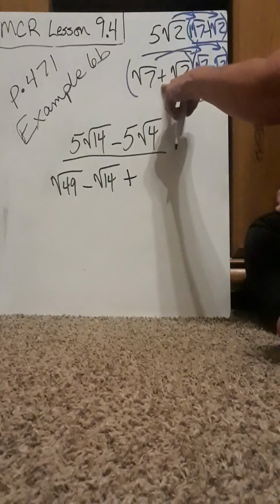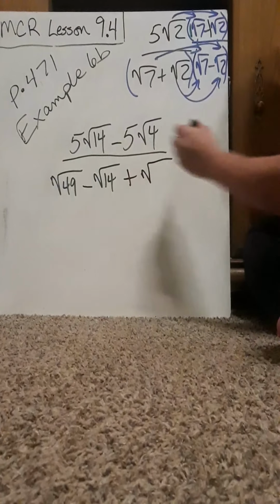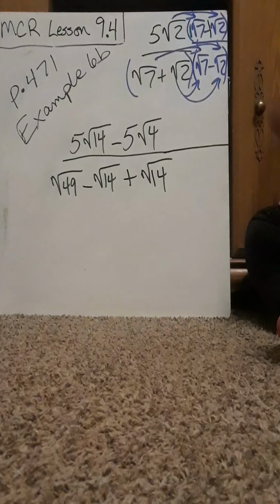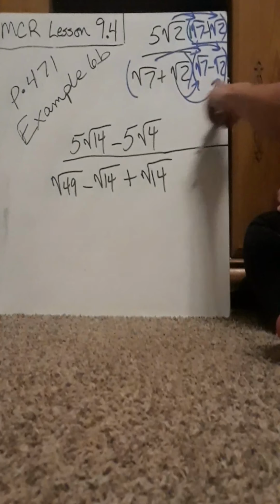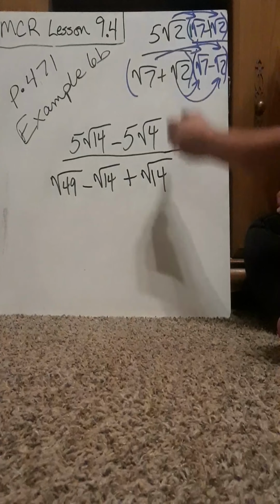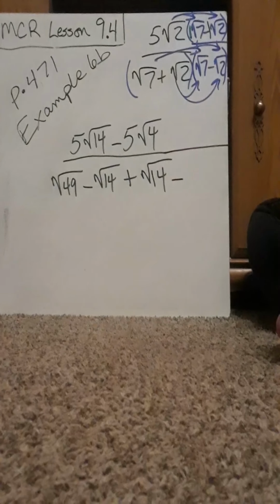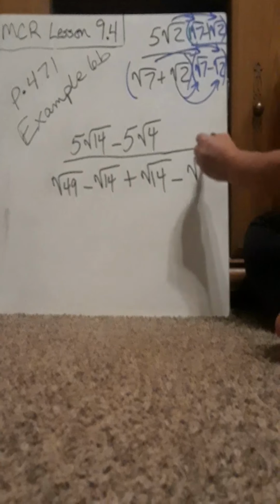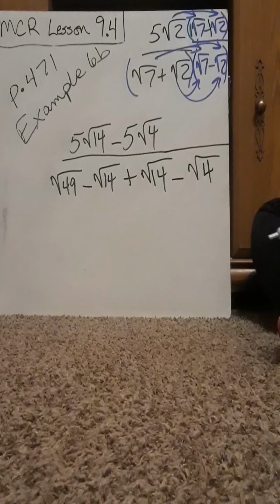That's another radical 2 times radical 7, but it's going to be positive this time. So this is going to be a plus radical 14. And now do last times last. Positive times a negative is negative. And negative 2 times, radical 2 times radical 2 is radical 4.